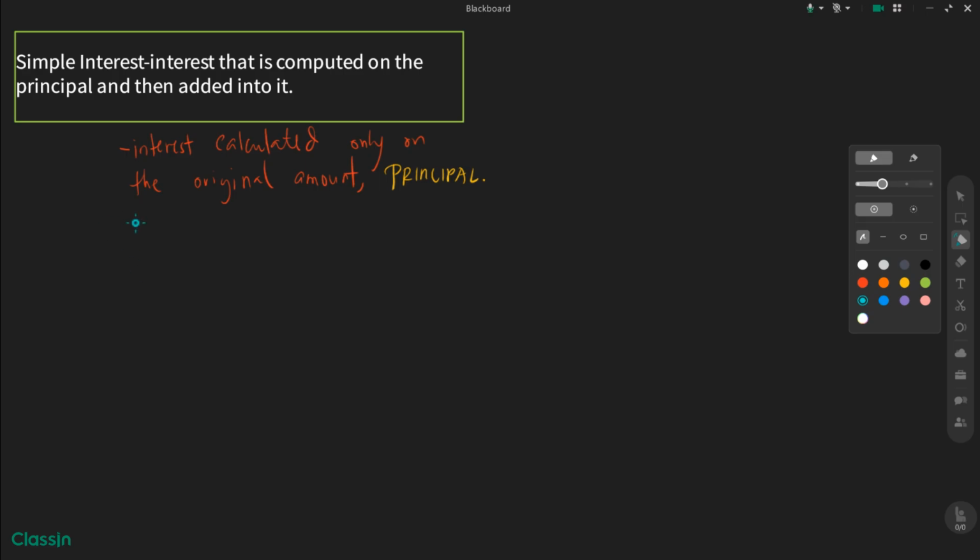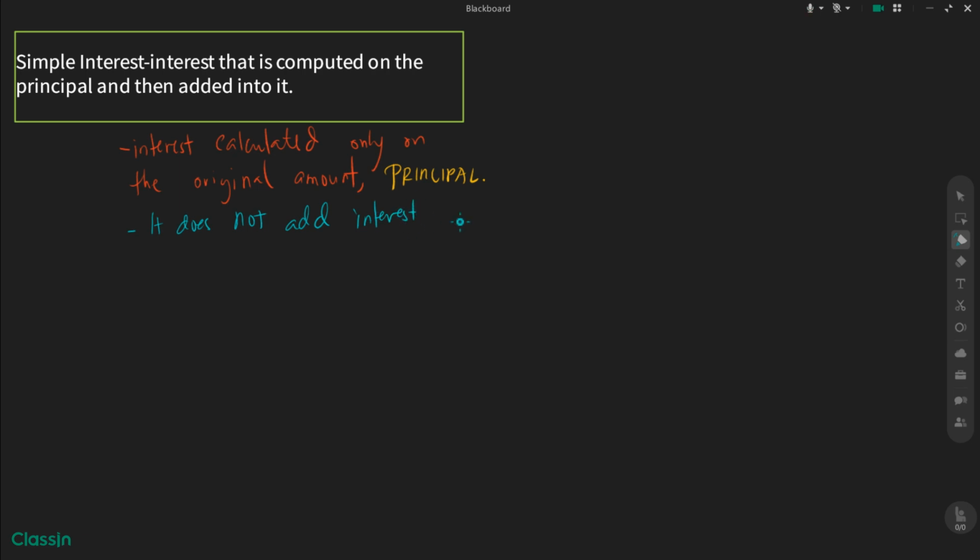Let's be reminded that it does not add interest to interest. That is simple interest. So we are going to calculate the interest based on the original amount, which is called principal. Again, it doesn't add interest to interest.